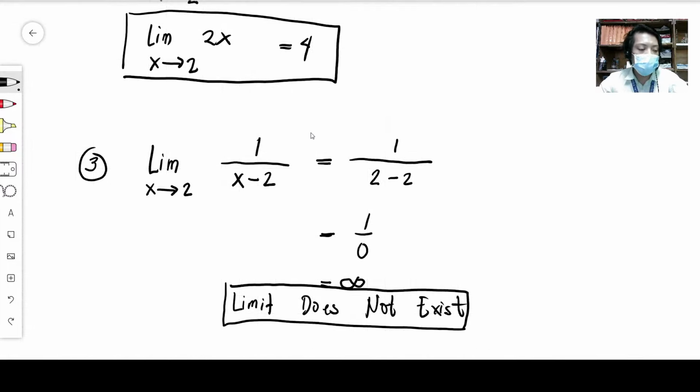You can use direct substitution, but let me reiterate: direct substitution is not always applicable. That's why we need to understand the definition of a limit. Let me read my definition.